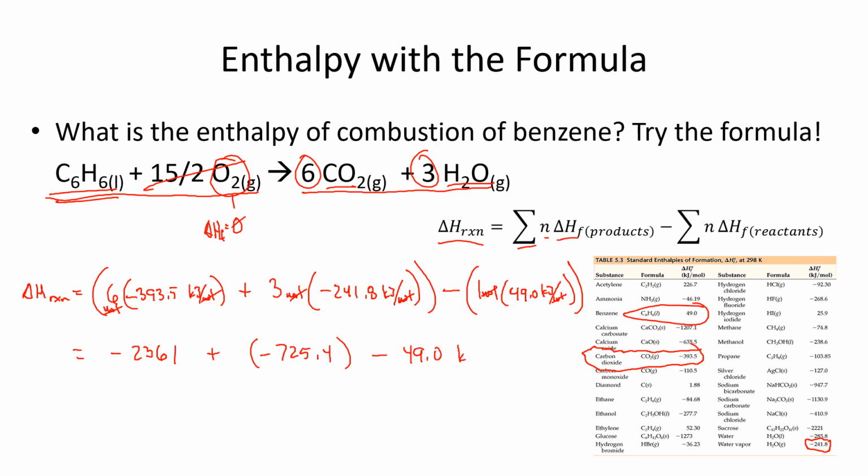These are all kilojoules. And we'll see what that all adds up to. So add or subtract the 49, I ended up with negative 3135.4 kilojoules, just like the other one. Yay!